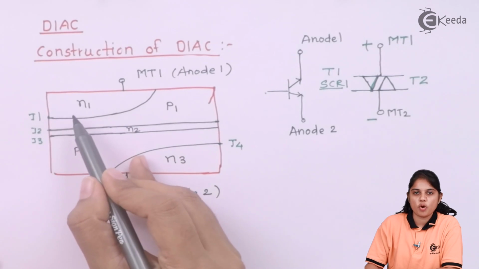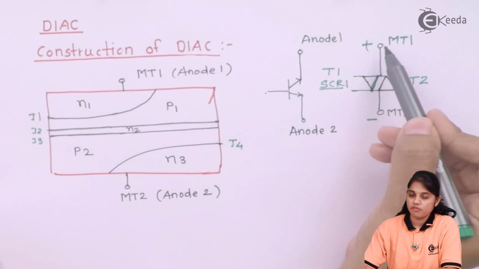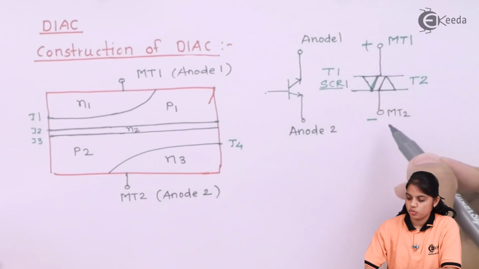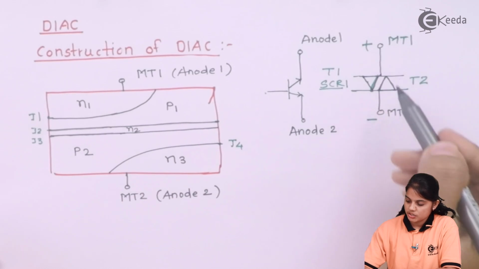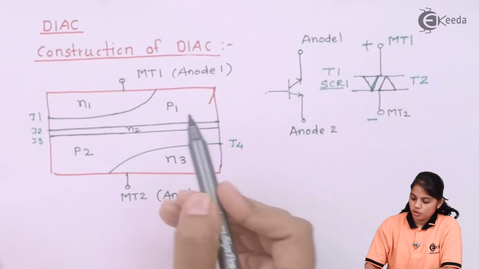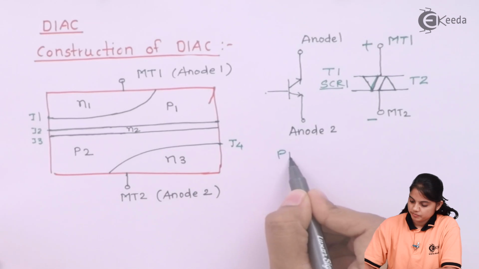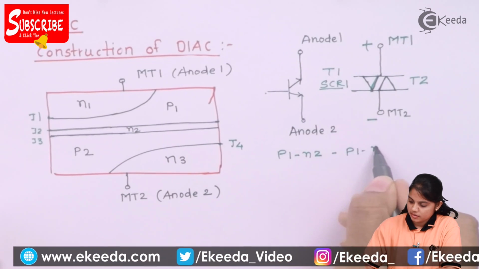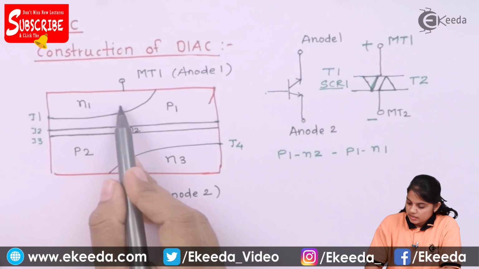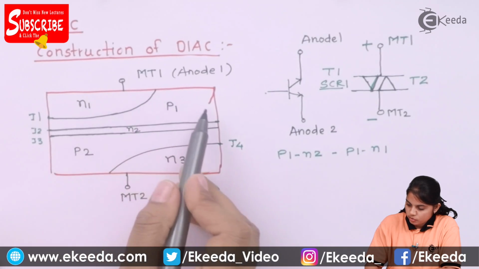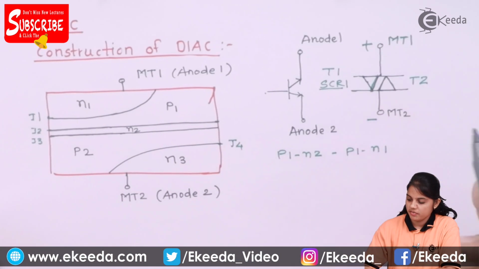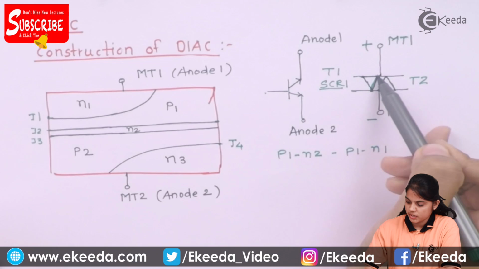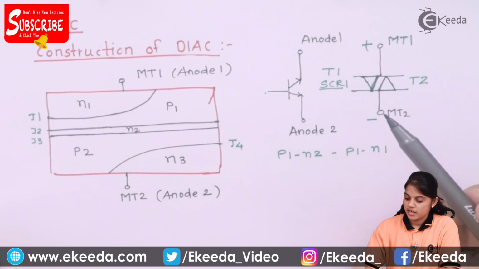So the conduction properties that will show whenever MT1 is positive and MT2 is negative will be due to the junctions P1 N2 and P1 N1. So these three layers will play an important role when MT1 is positive, that is, this particular diode will conduct.